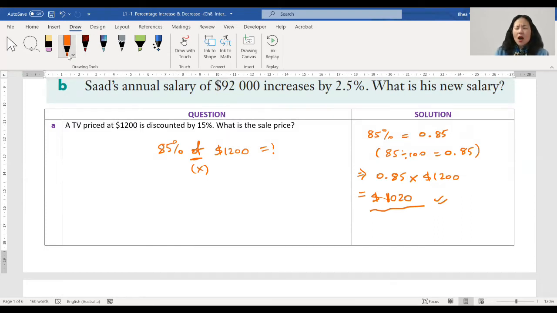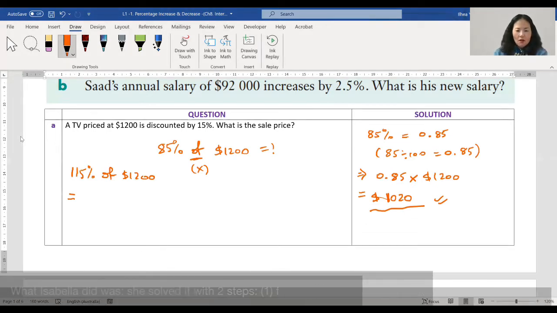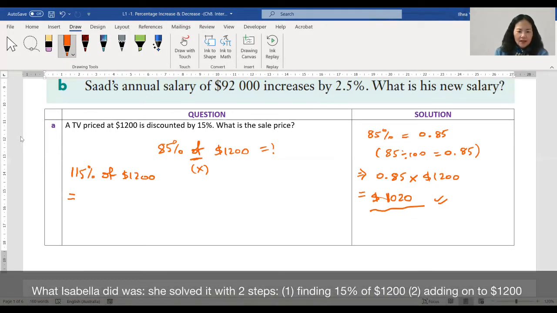Let's check, because I was hoping for you to say something along the lines of 115% that you're going to pay. So I was going to do something like 115% of 1,200. Okay, so let's do it that way and see if that matches up with what you've got. Oh my goodness, Isabella, I was right, Miss. You are a genius. 1,380.